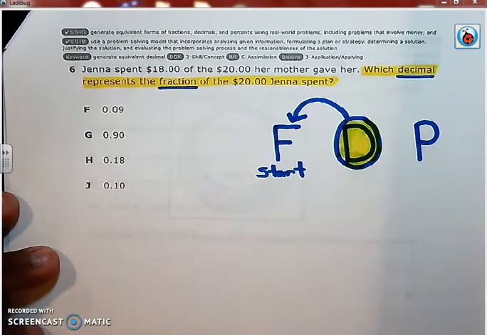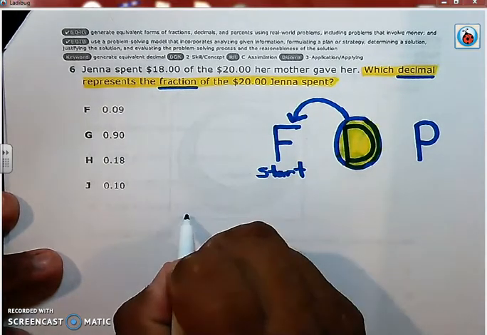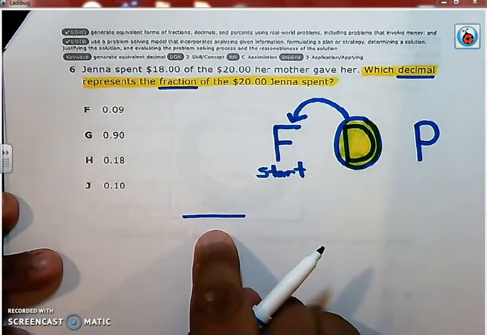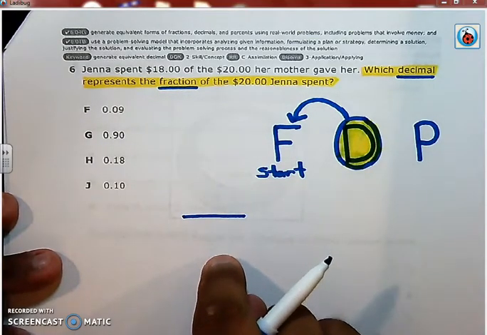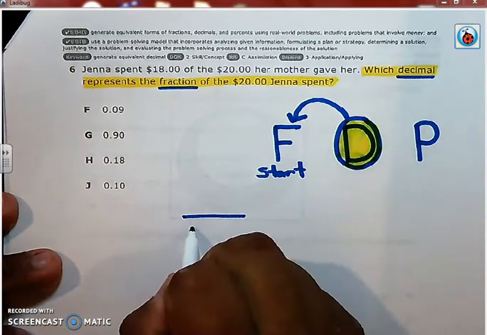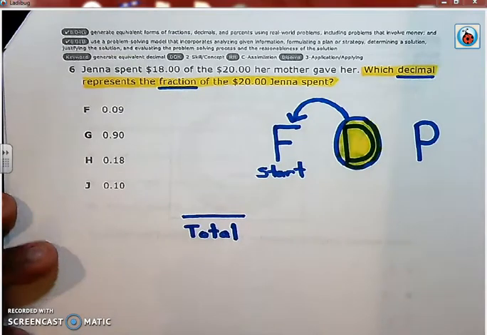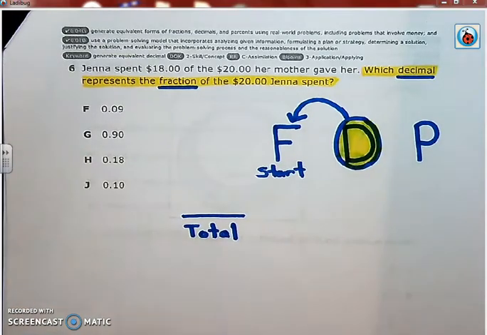In order to come up with your own fraction, you have to know what a fraction represents in the real world, not numerator over denominator. In the real world, the bottom of every fraction that you see represents the total.